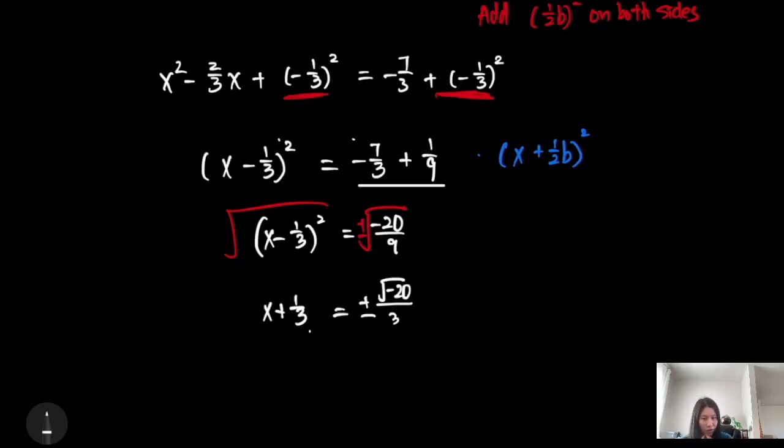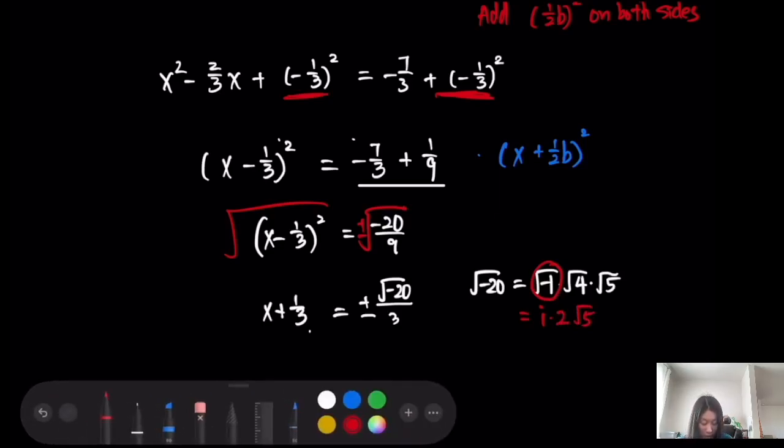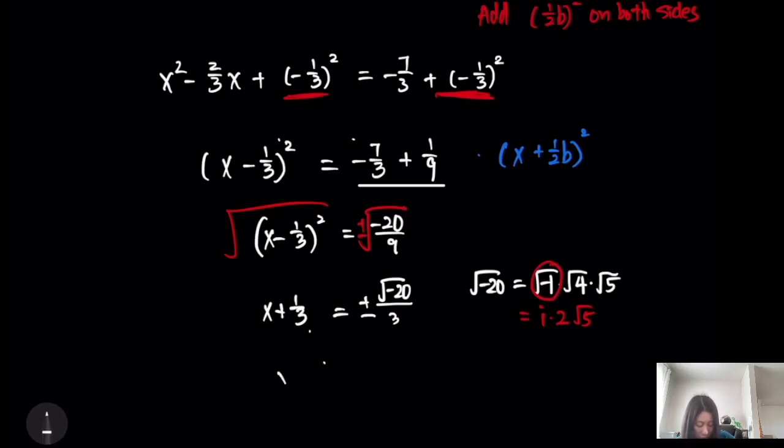So how do we simplify the square root of negative 20? The square root of negative 20, I can write it as negative 1 times 4 times 5. Why do I want to say it in that way? Because the square root of negative 1 equals i, the square root of 4 equals 2, and the square root of 5 we can't factor anymore. So that means the square root of negative 20 over 3, I can write it as 2 times square root of 5 times i over 3.